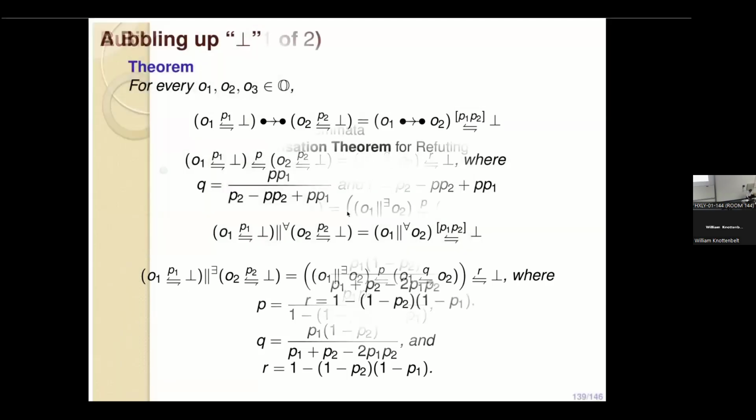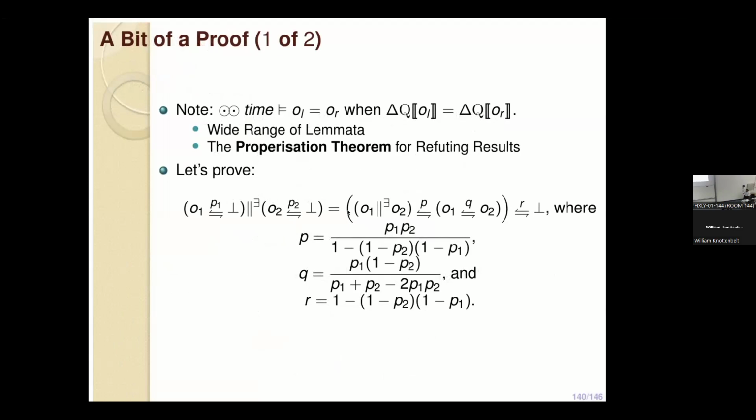Now, how do we prove that? Well, basically, when there is an equivalence, we use the big set of squigglies that I showed you for the compositional computation of the delta Qs in order to show that the delta Qs of the two sides are the same.